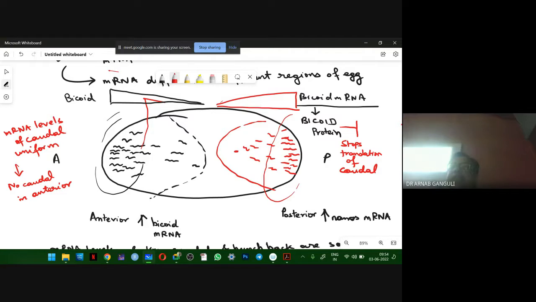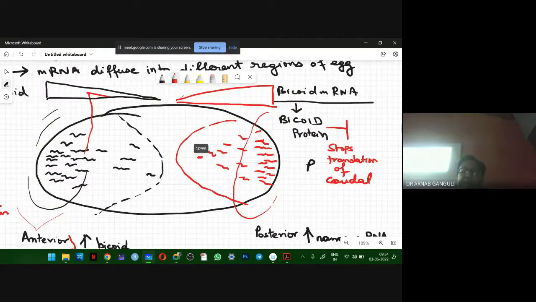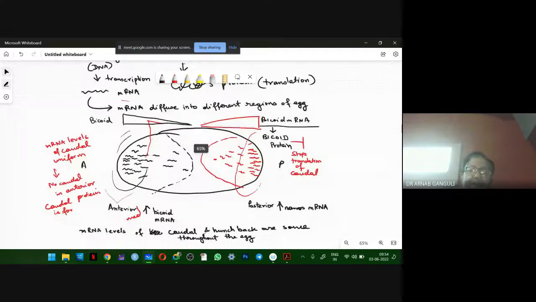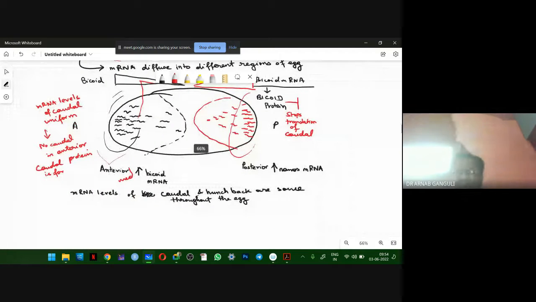But in the posterior end, there is no bicoid. So caudal protein is formed in the posterior side.